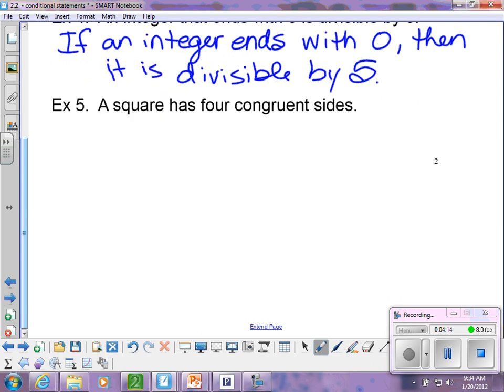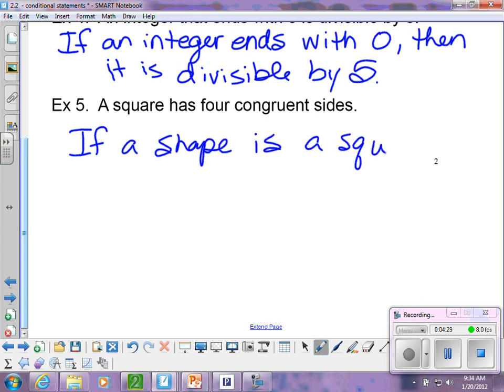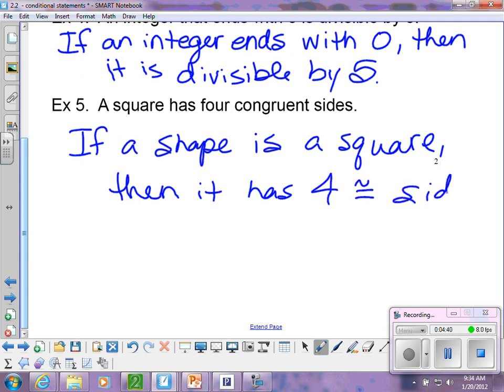So I could put if a... nope, identify what it is. Yep. If a shape is a square, then it has 4 congruent sides.